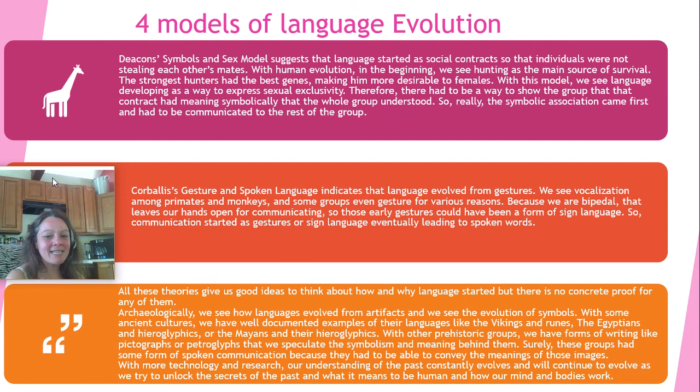We say that we gesture for various reasons, because we're bipedal, we stand upright, that leaves our hands open for communication. So it could be like an early form of sign language, and then, like I said, it just eventually led into words being associated with those gestures.